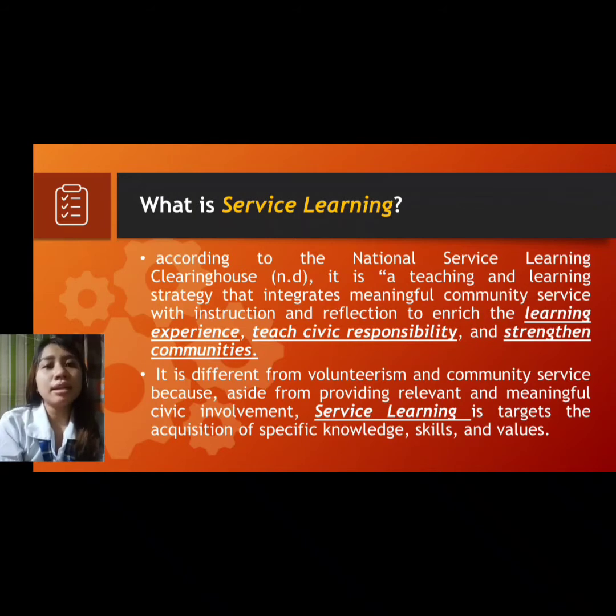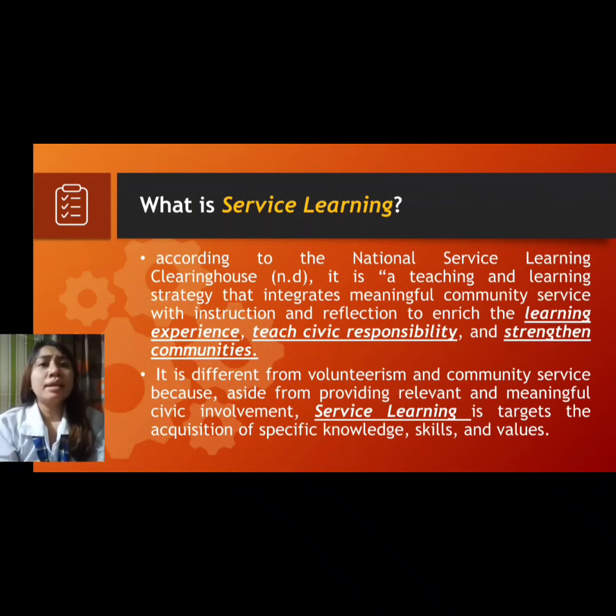So, next, it is different from volunteerism and community service because aside from providing relevant and meaningful civic involvement, service learning targets the acquisition of specific skills and values.